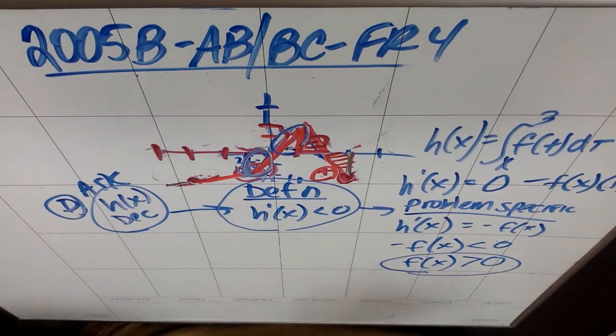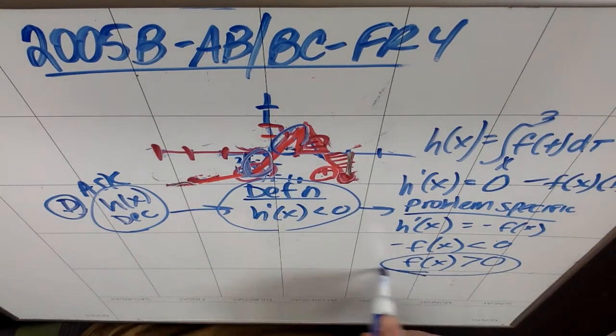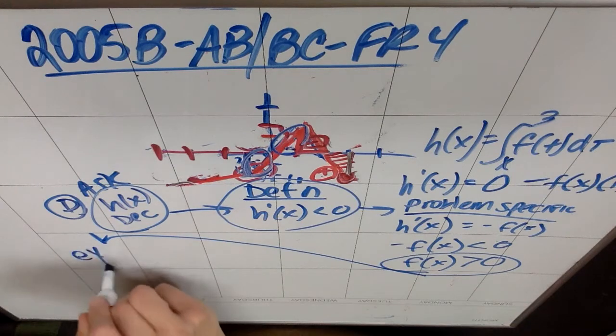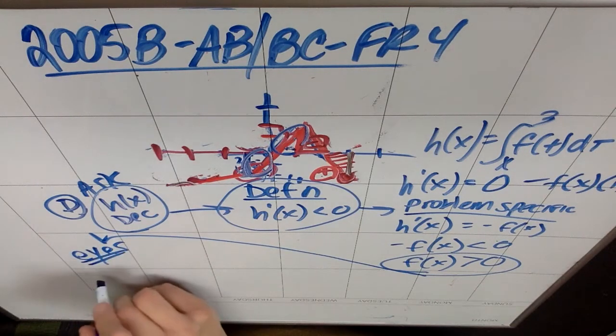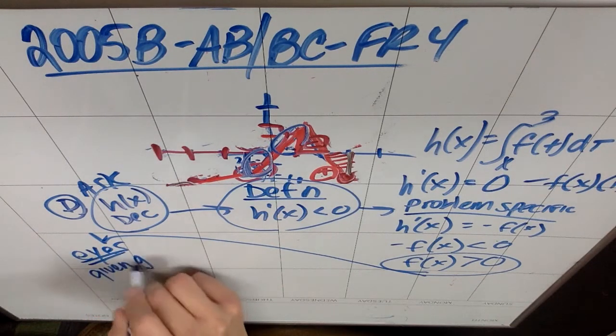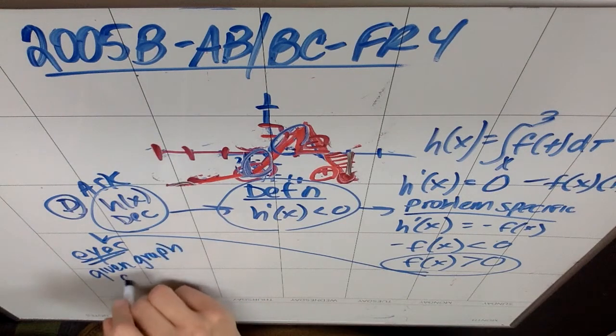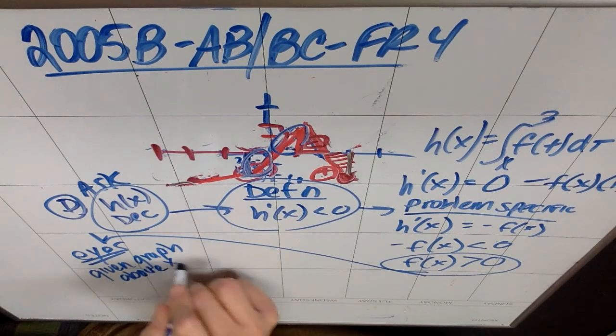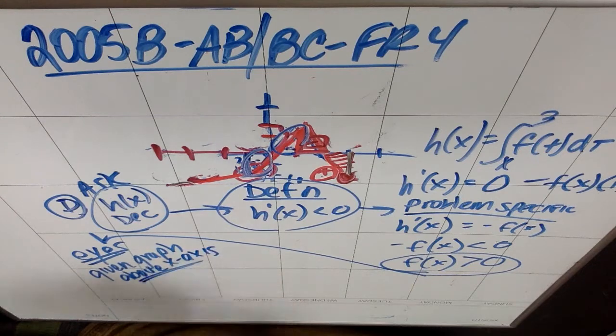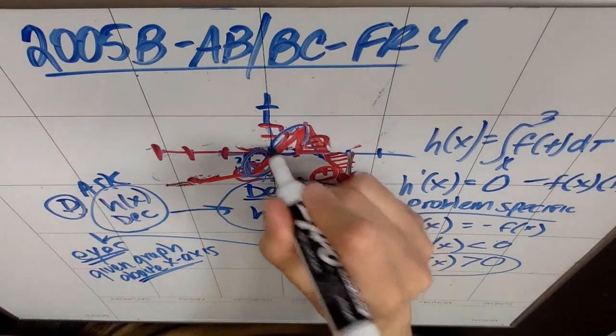Once you know that's what you're looking for, now you can connect the dots with your eyes. So with your eyes, you want to say when is the given graph above the x-axis, because that's the connection we need. We need when is f of x greater than 0, and the only time when this graph is above the x-axis is from here to here.